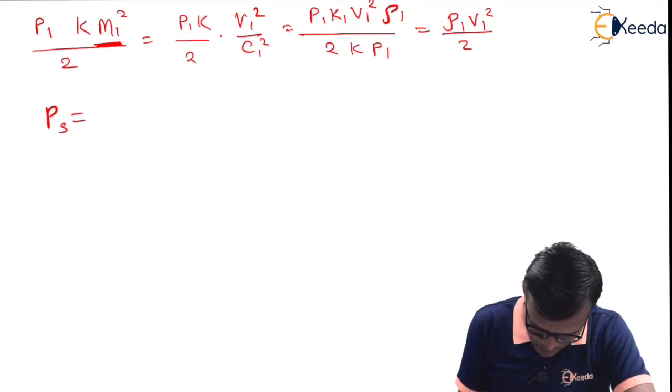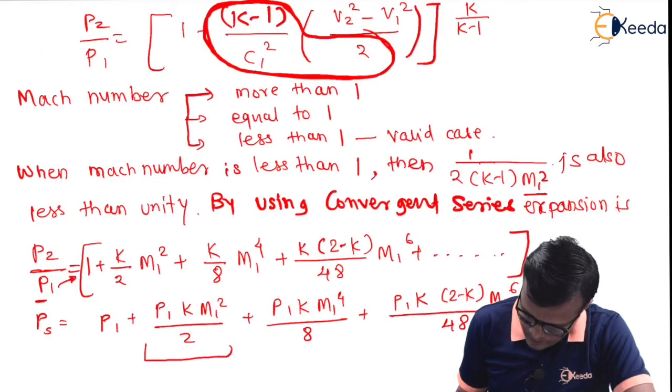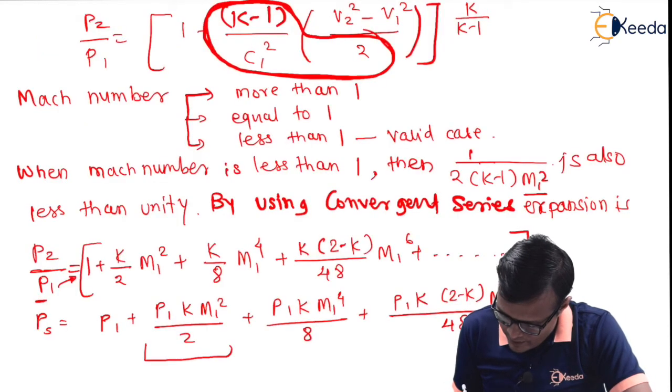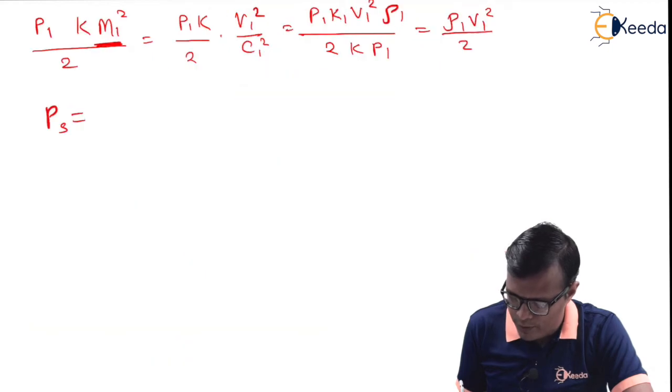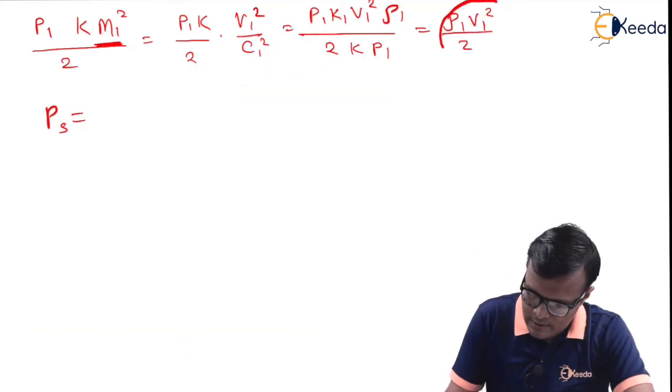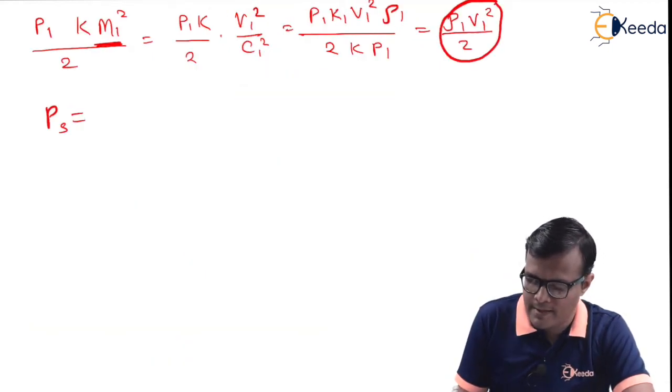PS is equal to, wherever there is P1K M1 square upon 2, I am going to replace it with the new term like this.